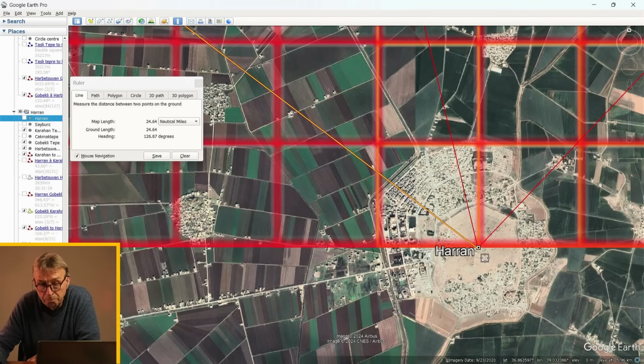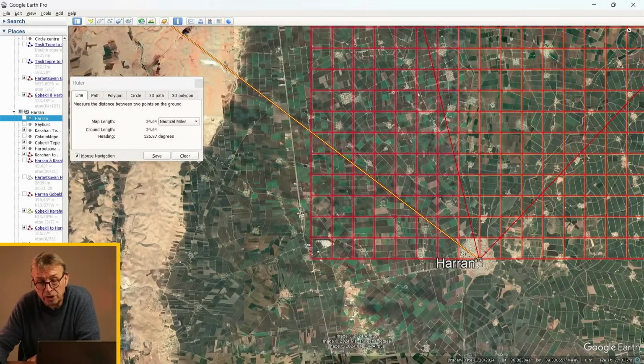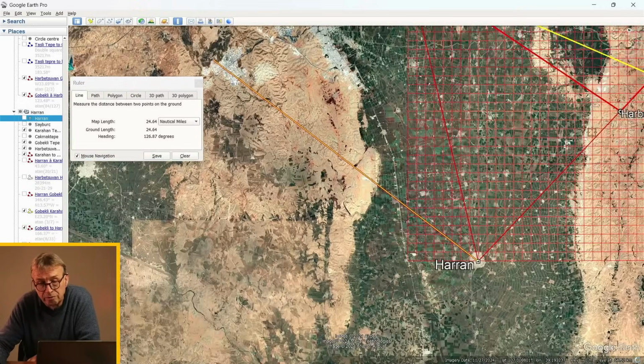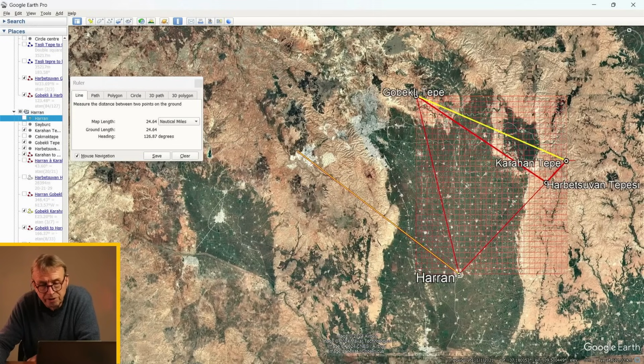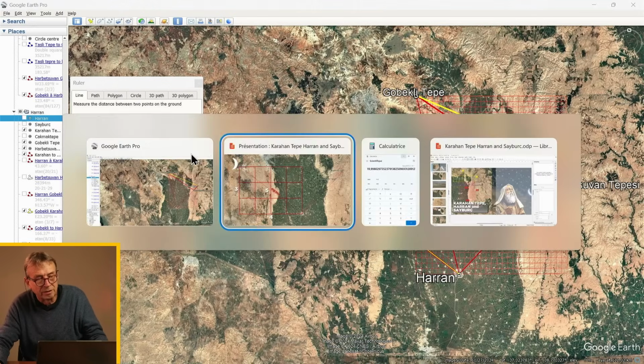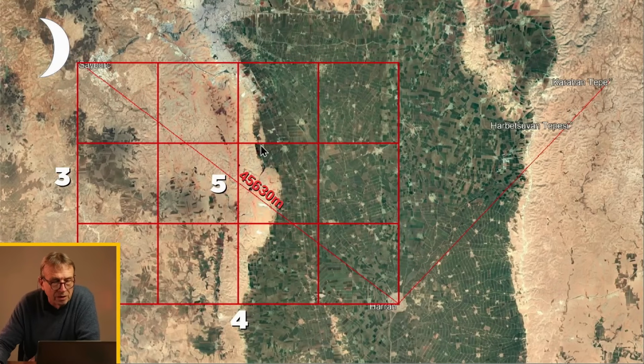Right to the same spot from which our geometry was placed up to Harbetsuvan Tepesi and Karahan Tepe and up to Göbekli Tepe, etc. Okay, so that's just to show you the precision of this angle. This is not approximate, this is absolutely perfect. So that's a very important point.